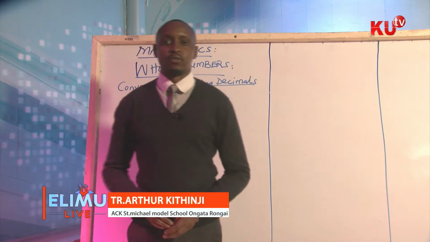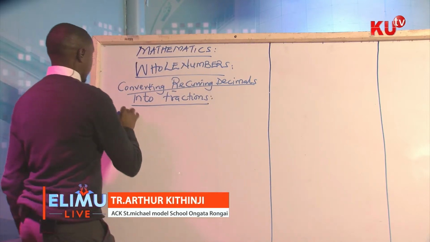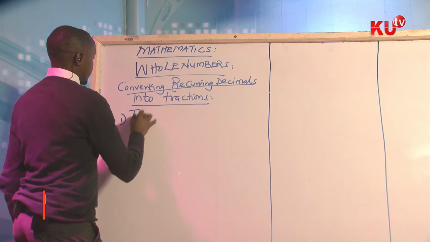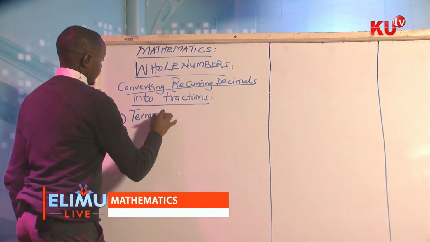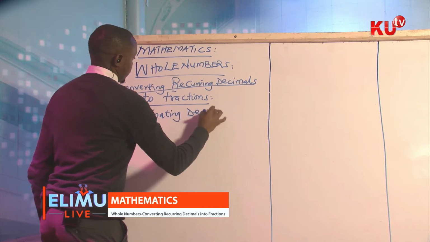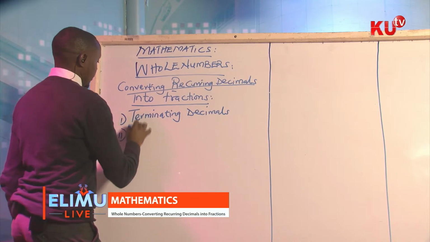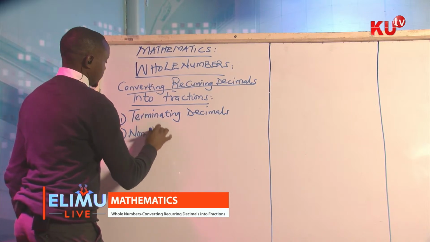We have two types of decimals. One, what we call terminating decimals. Number two, we have non-terminating decimals.